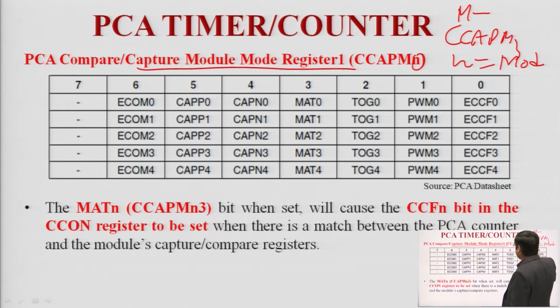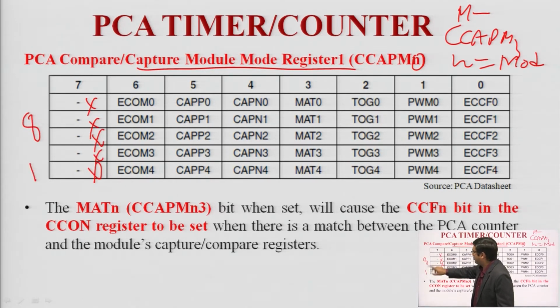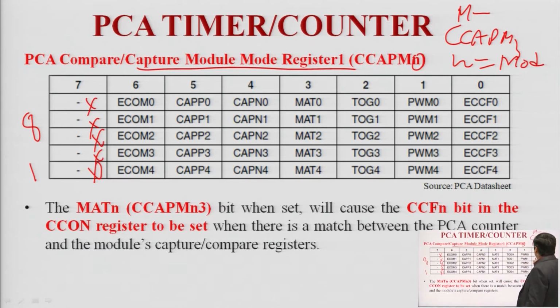So, basically this is an 8-bit register. Bit 7 is not used. It is reserved for future use, or we can say it is a general purpose bit. So, out of 8 bits, 1 bit is not in operation, that is bit 7, and bits 0 to 6 have some specific functions.